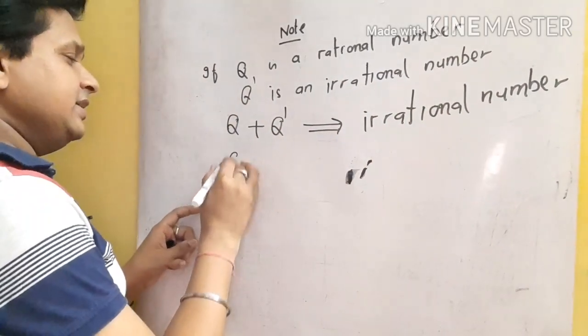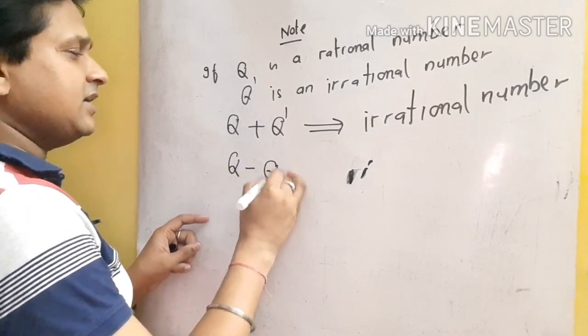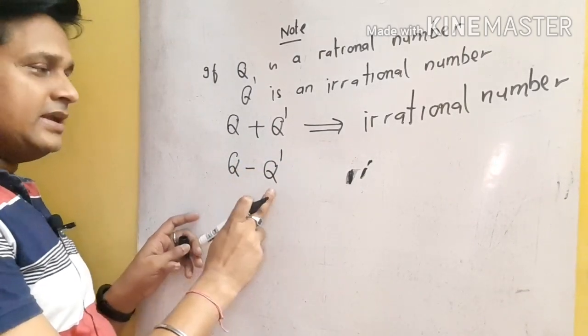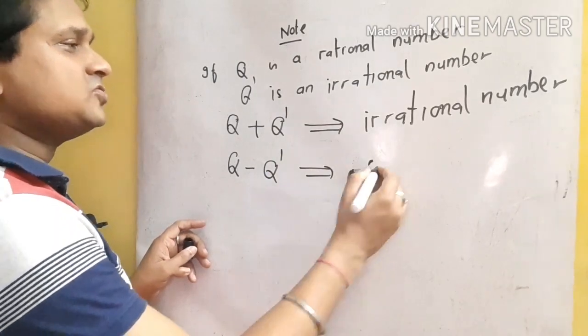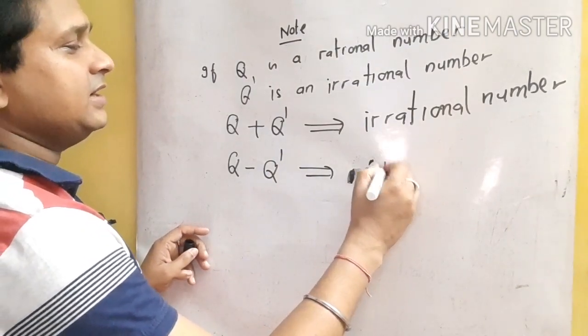Understood? Now the difference of a rational number and an irrational number will also be an irrational number.